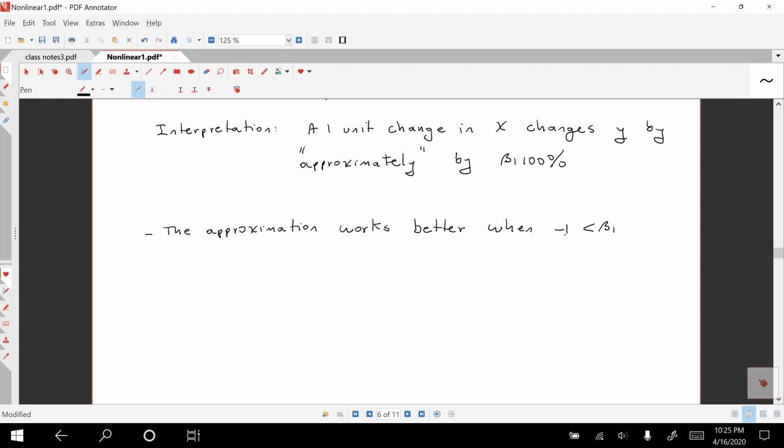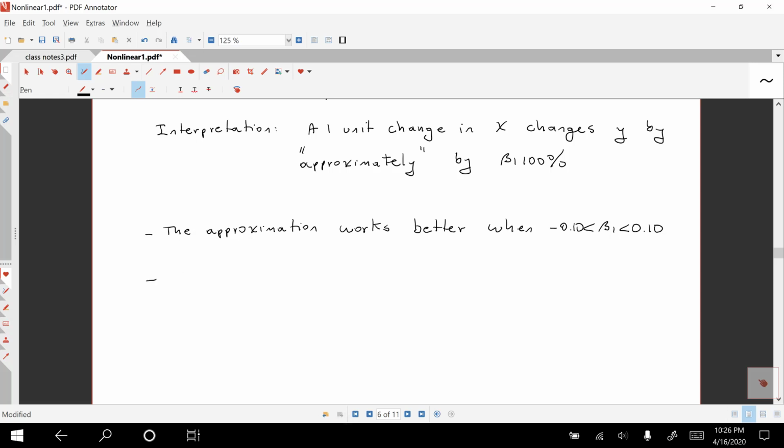We say relatively small if it's between negative 0.10 and positive 0.10.